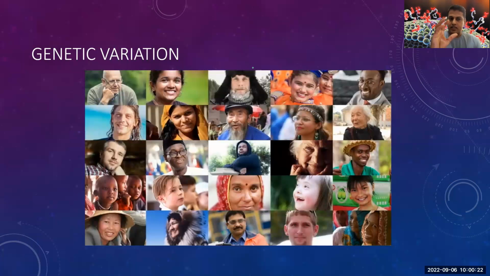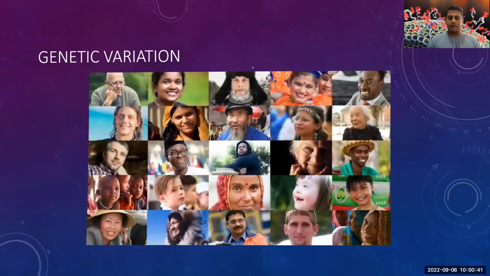So that is the main contribution to variation, coming from the changes that happen at prophase 1 and metaphase 1. There are other things, but these are the major two factors by which variation comes to humans.